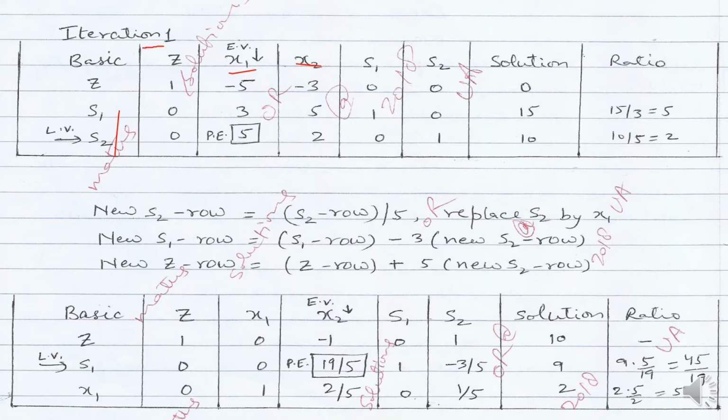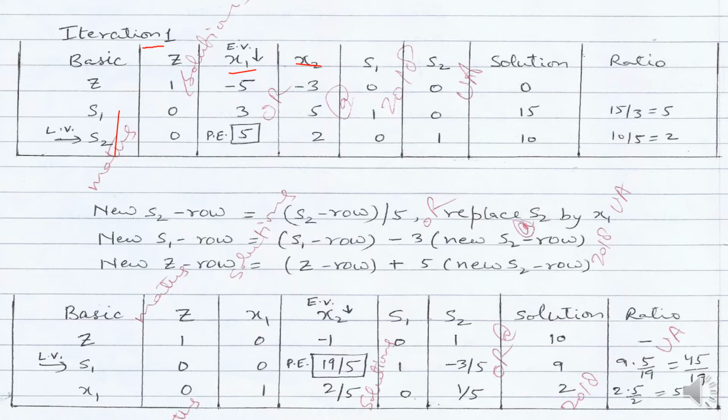Non-basic variables are x1, x2, which we have taken 0. In this table we are writing z, x1, x2, s1, s2 and solution. Z row shows the coefficients of z equation, which we have written in the previous slide. So coefficient of z is 1, coefficient of x1 is minus 5, coefficient of x2 is minus 3, s1 is 0, s2 is 0 and solution is 0.